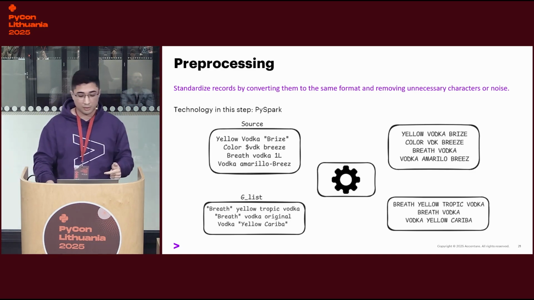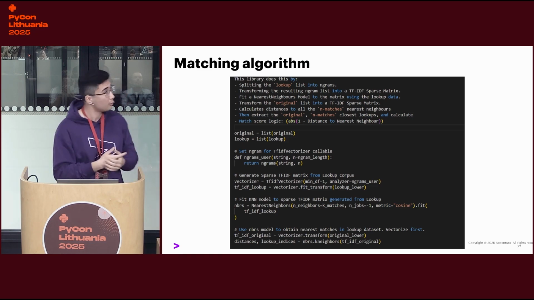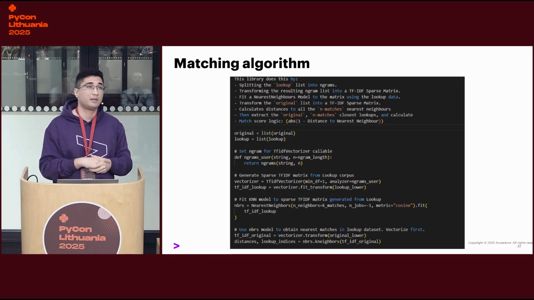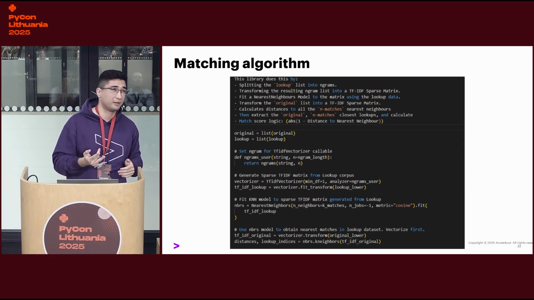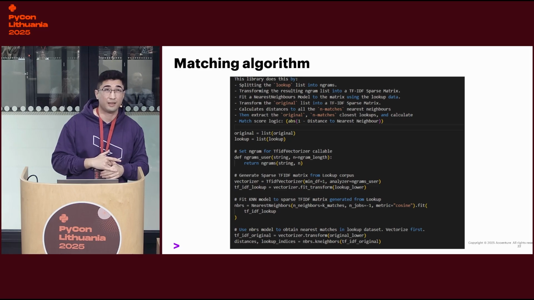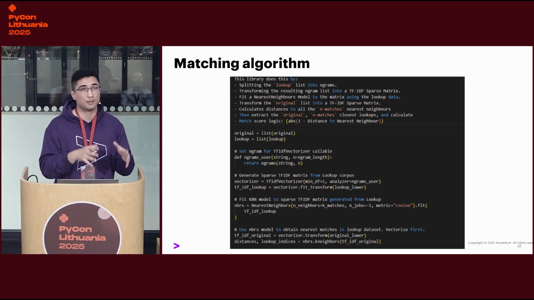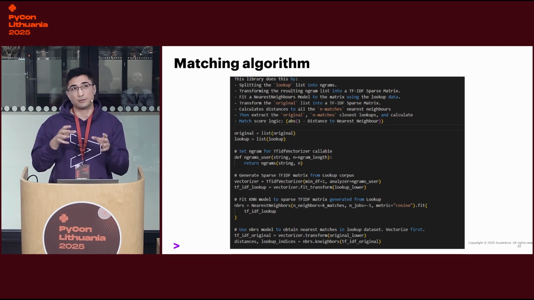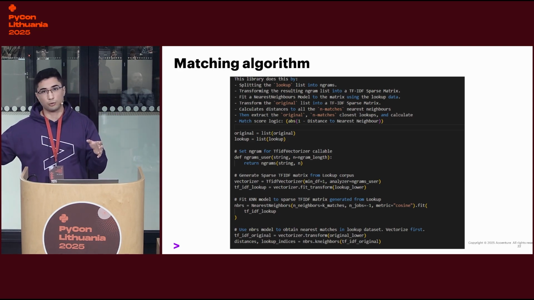Now we move on to the matching algorithm. I hope you see it well. So we used TF-IDF. So basically, what is TF-IDF? Shortly, TF-IDF stands for, I don't know, but TF is for measuring how important a word is in the document, and IDF is how rare this word is across all documents.